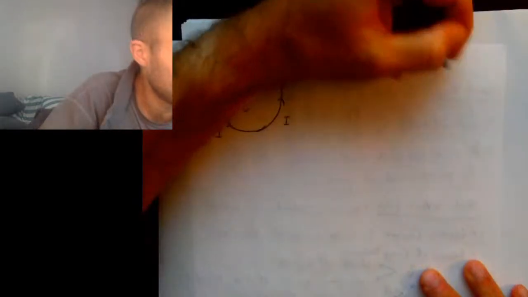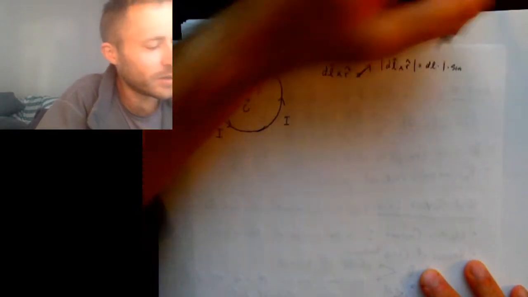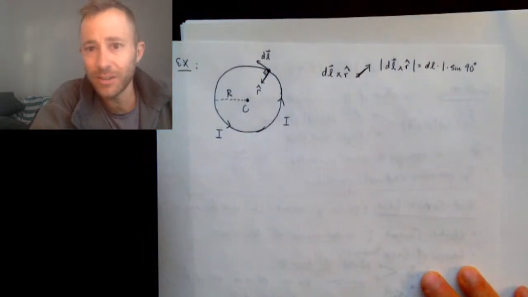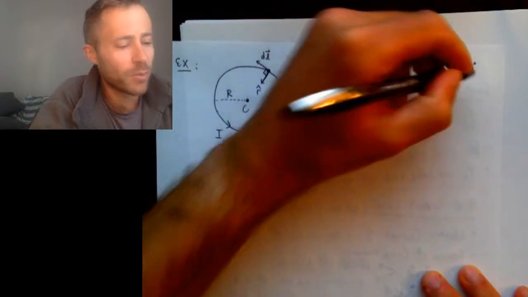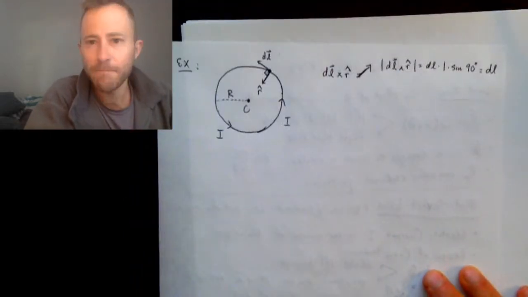It has a length of 1. Times the sine of the angle between them, which is 90 degrees. The sine of 90 degrees is 1. So we just get dl times 1, which is just dl.